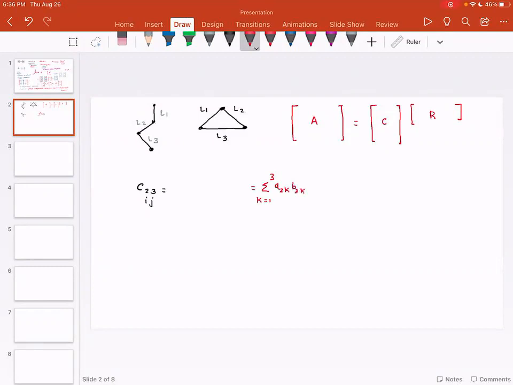If you were to expand this, what that means is you have A 21 B 31 plus A 22 B 32 plus A 23 B 33. So that is what it means.